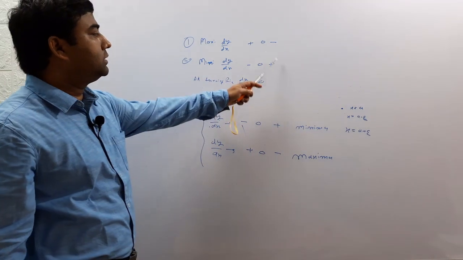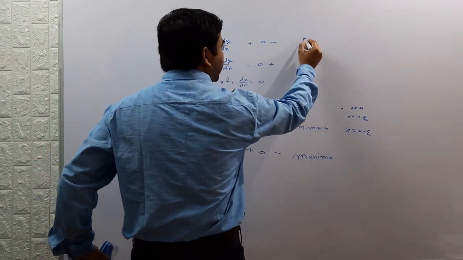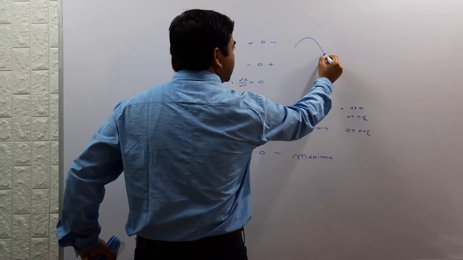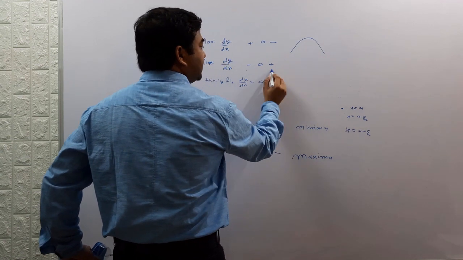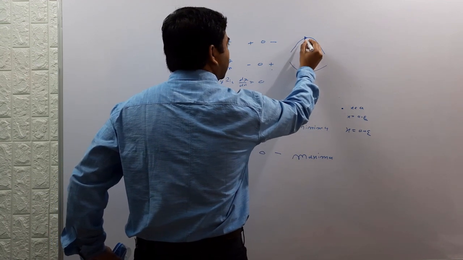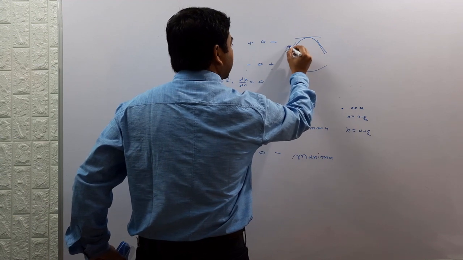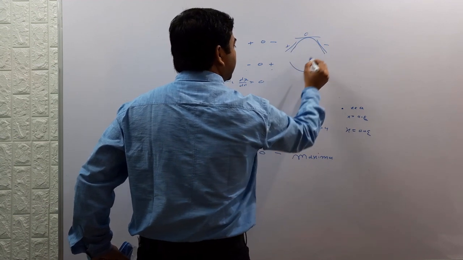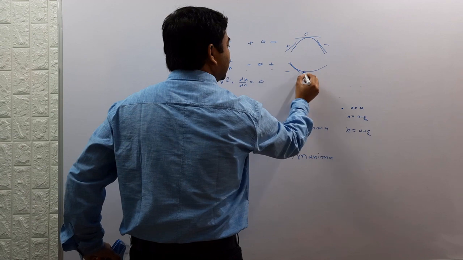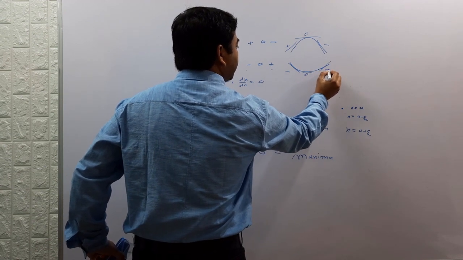So this is one of the methods to find maxima. If you see this type of trend of the derivative, the function is like this. Here, positive, 0, negative. Here, negative, 0, positive.